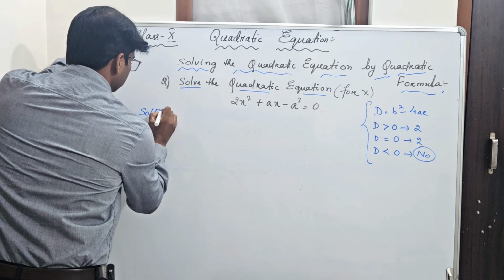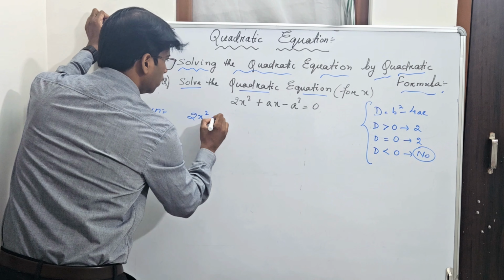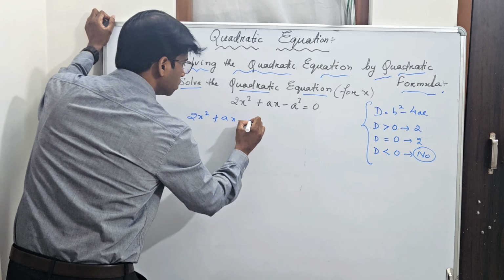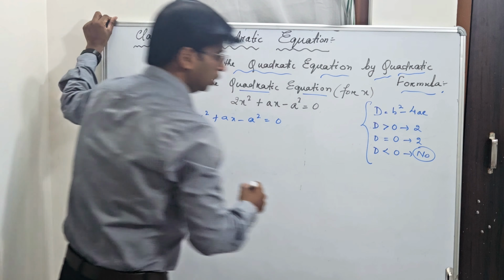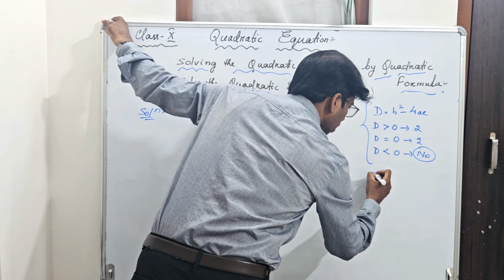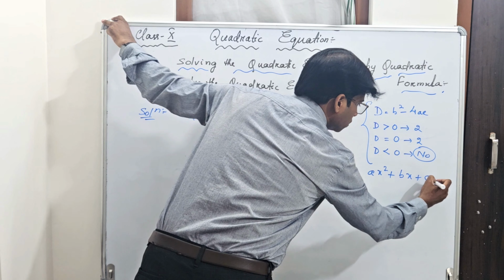The solution. The given quadratic equation is 2x square plus ax minus a square is equal to 0. Now you may be knowing the general form of a quadratic equation, that is ax square plus bx plus c is equal to 0.